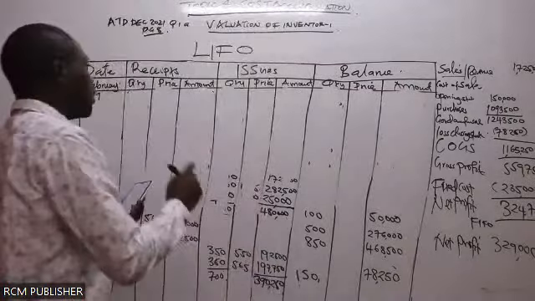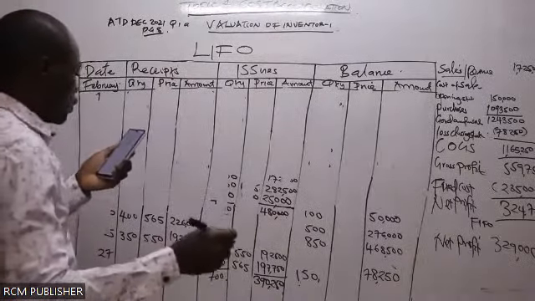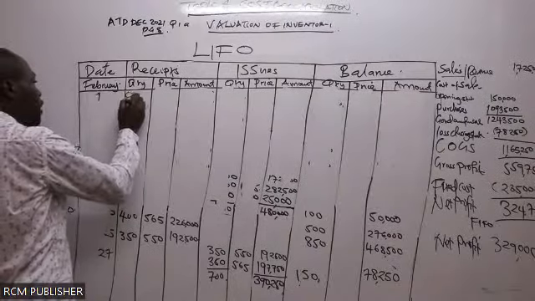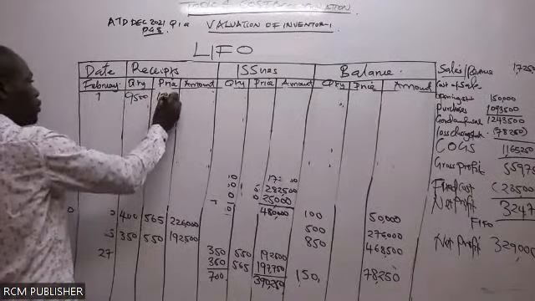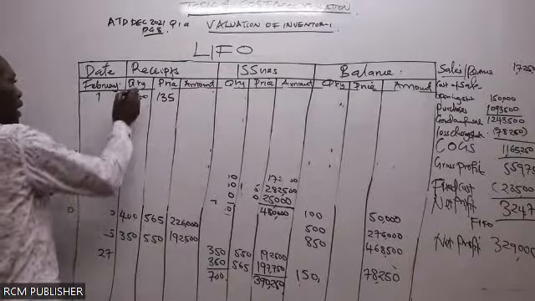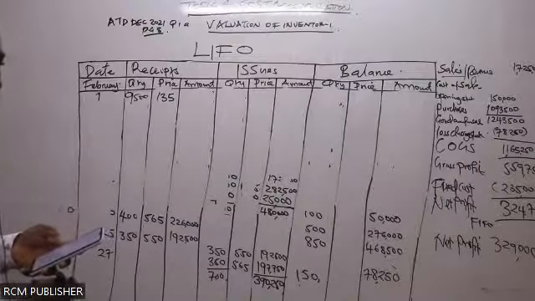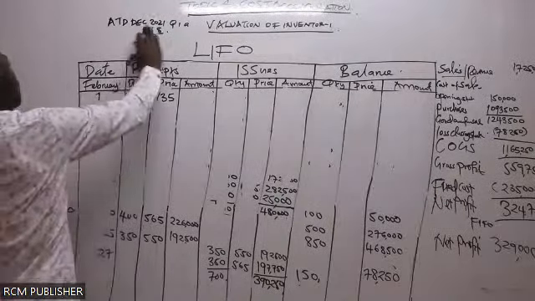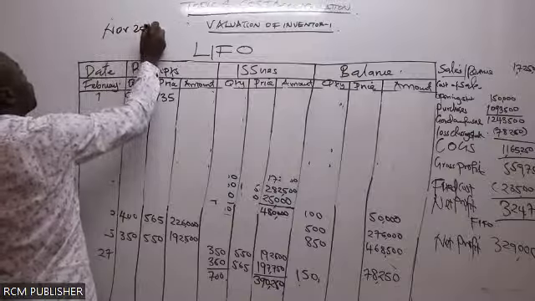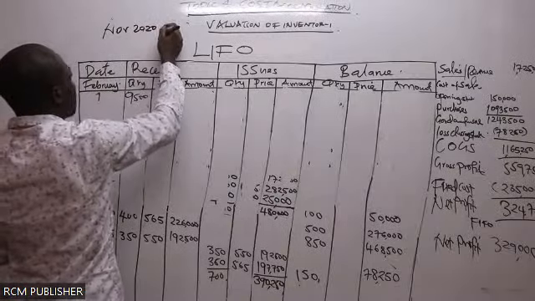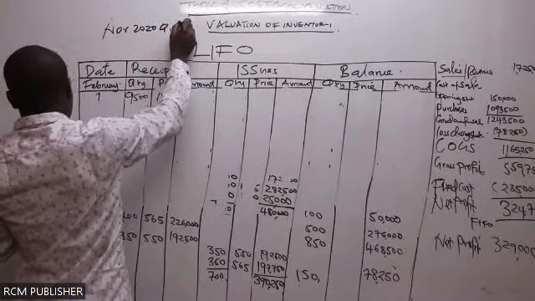So you first of all complete the transaction of opening stock, which we are being told is 9,500 at 135. Somebody to give me this figure. 9,500 by 135. November 2020, of course, the CPA intermediate, question number 1A.